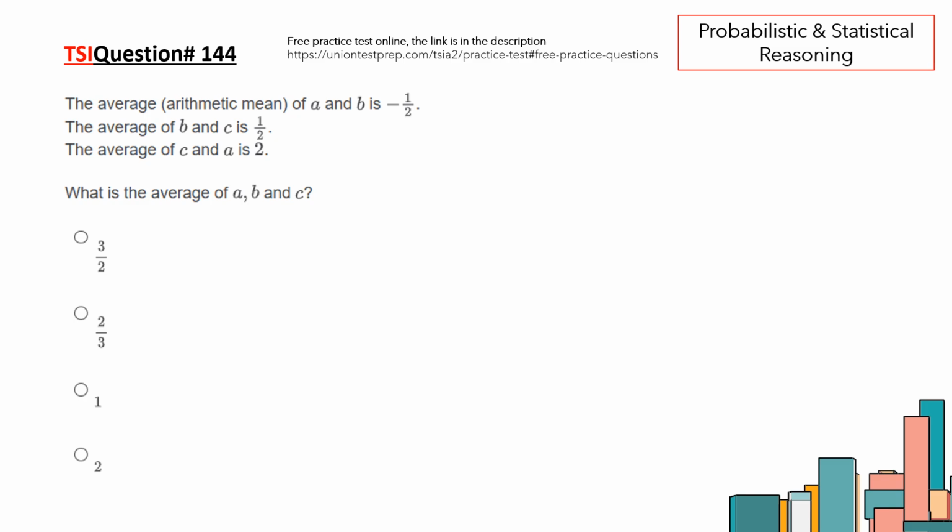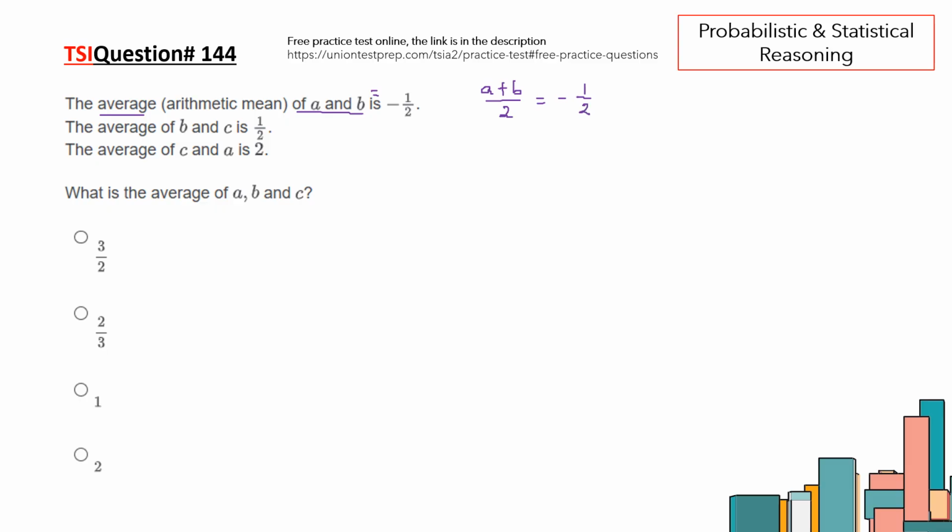So let's write down the given information. The average of A and B is A plus B divided by 2, which equals negative 1/2.